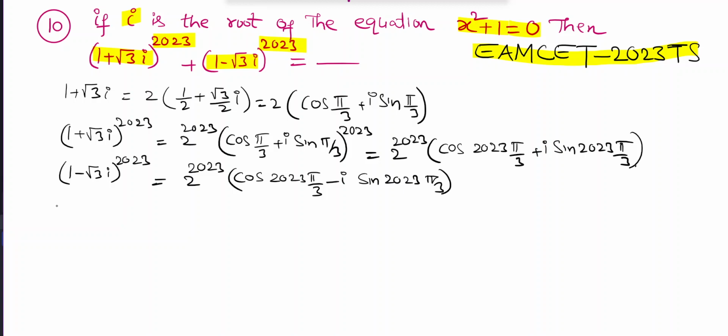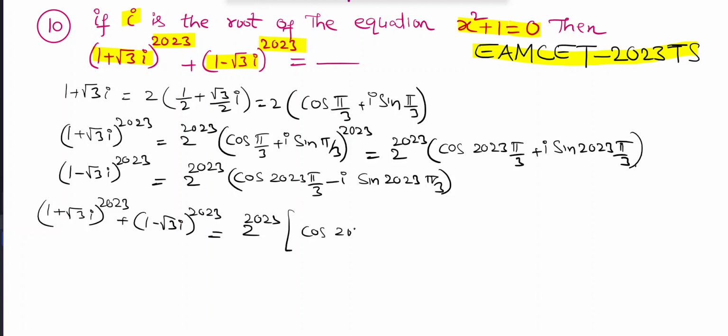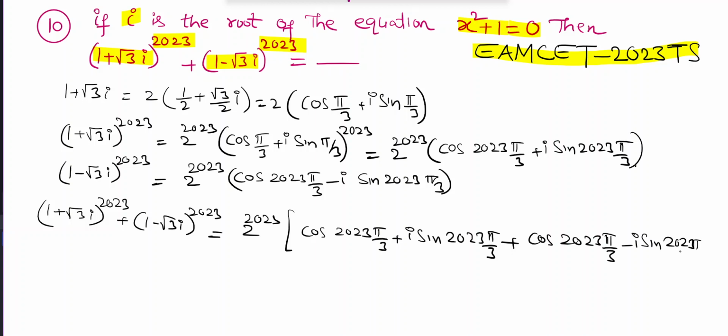Add these two, that is (1 plus root 3i) whole power 2023 plus (1 minus root 3i) whole power 2023 is equal to 2 power 2023 common, that is cos 2023 pi by 3 plus i sin 2023 pi by 3 plus cos 2023 pi by 3 minus i sin 2023 pi by 3.